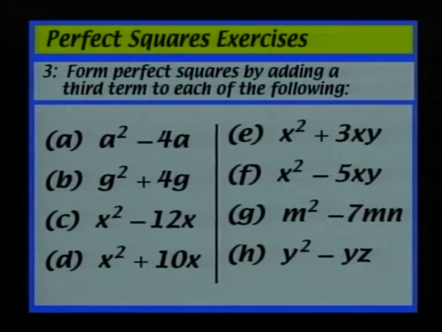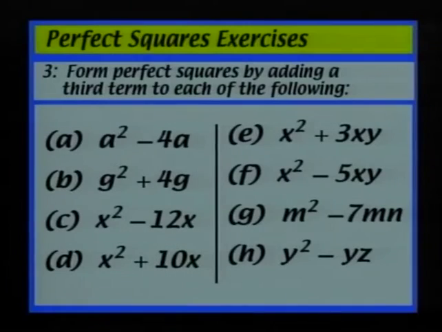Right, letter F, Natasha? 6 and 1/4 y squared. Okay, x squared minus 5xy plus 6 and 1/4 y squared. Or you can write 25 on 4 y squared. Jake, letter G. M squared minus 7mn plus 12.25 n squared.